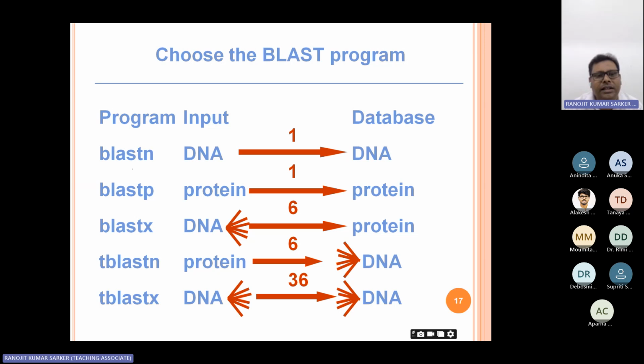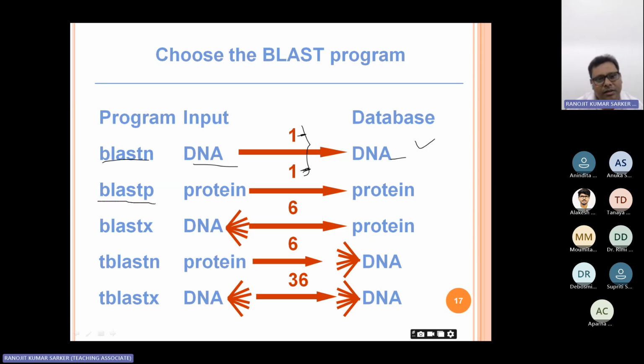Now you see that with BLASTN, you know that our input is DNA and the target database is DNA. We call it 1:1 cardinality. That means one nucleotide sequence will be aligned with another nucleotide sequence from the database.